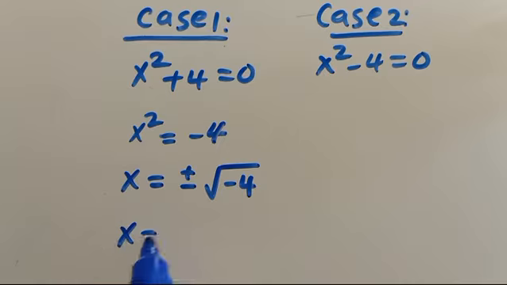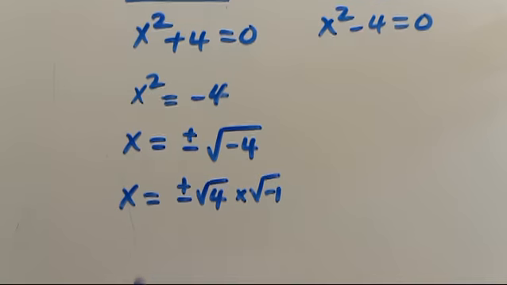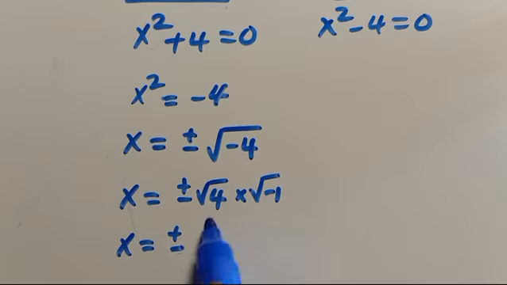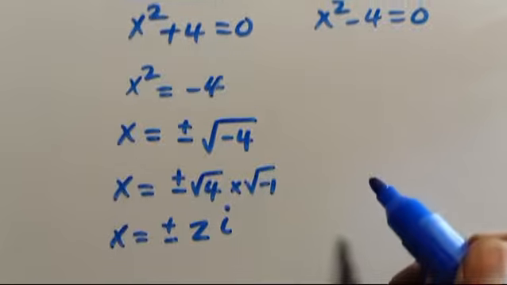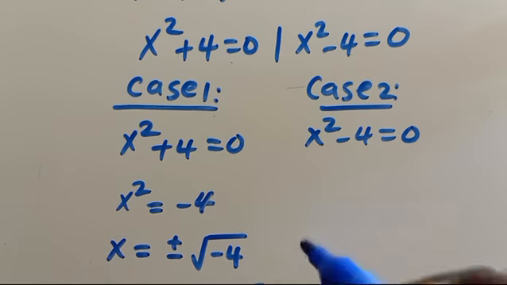So we have x as positive or negative root 4 times root of minus 1. 4 is a perfect square of 2, so we have x equals positive or negative 2 times i. Then from here, we can have this as a complex solution.